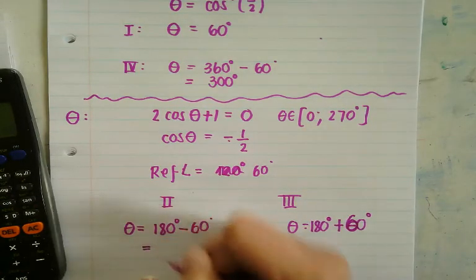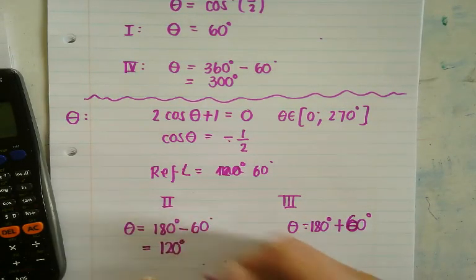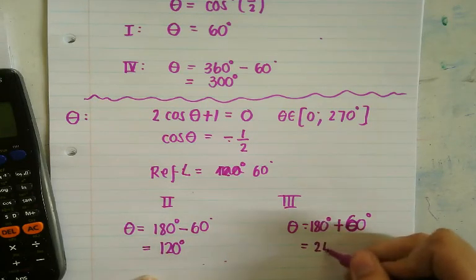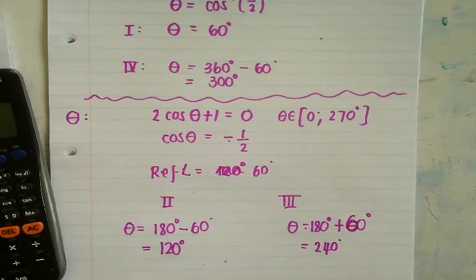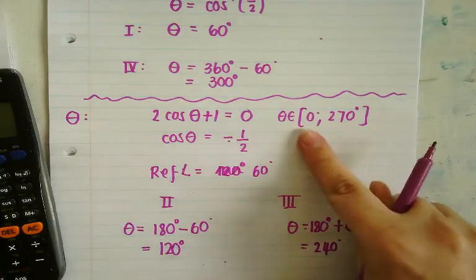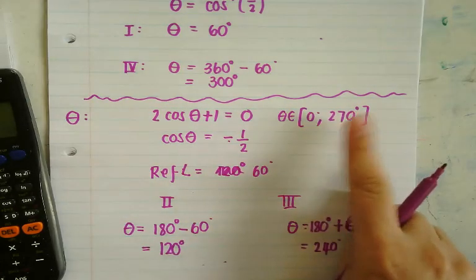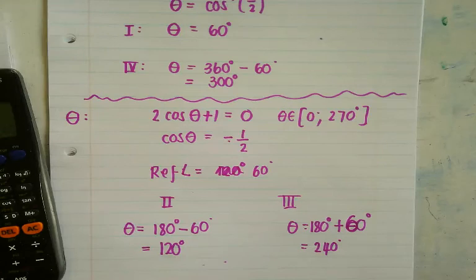So my theta would be 120 degrees, or theta would be 240 degrees. If theta is an element of 0 to 180, would I have done the second calculation? No, because I would not have gone past my second quadrant. So we always need to check. But the most common one is for me to ask the full plane, 0 to 360, so then you need to check all four.